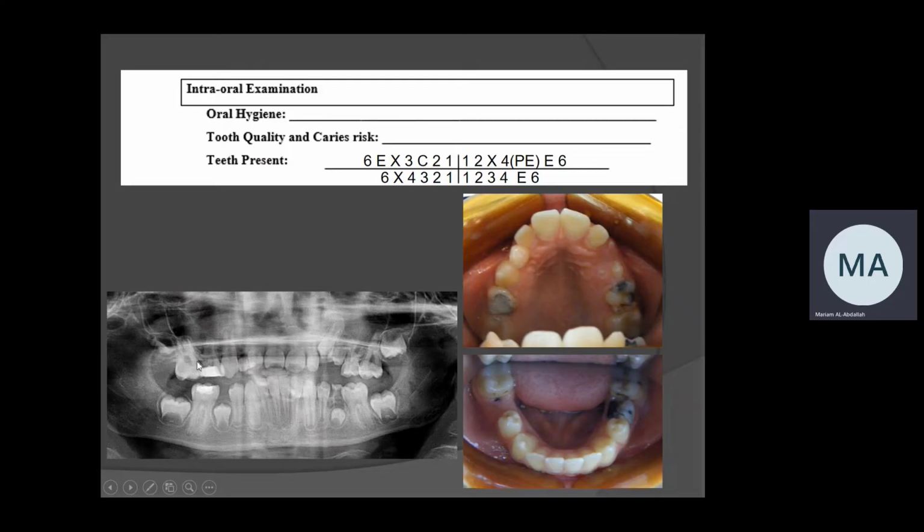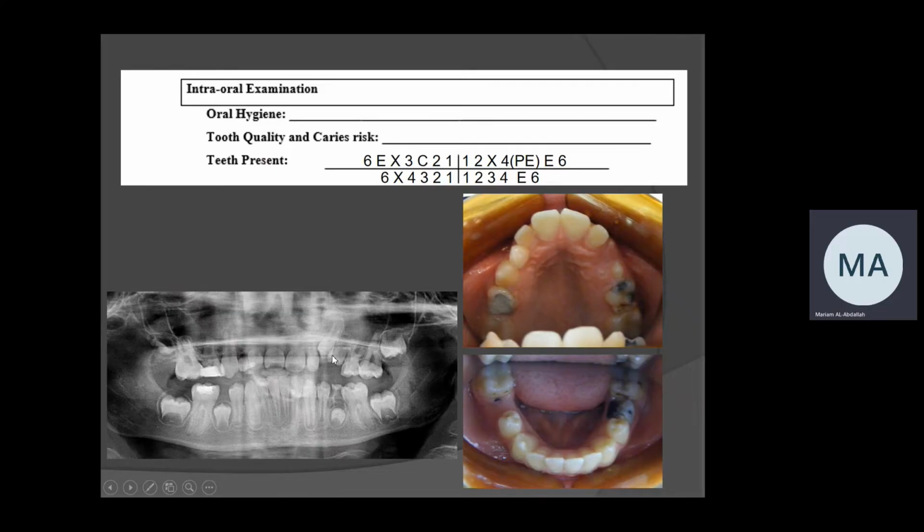As you can see in this quadrant, we have the C, the canine, congenitally missing 4, we have the E, and we have no 5, congenitally missing 5. On the other side, you can see this is the 6, this is the developing 7, this is a normal 6, and we have the E, and we don't have a 5, so this is congenitally missing 5 on the upper left quadrant.